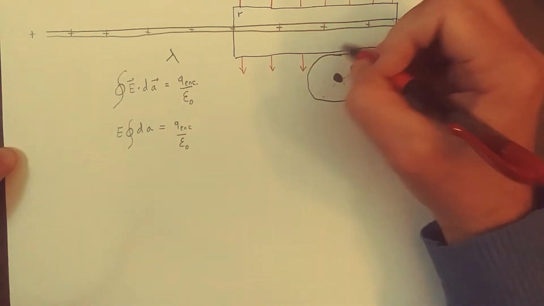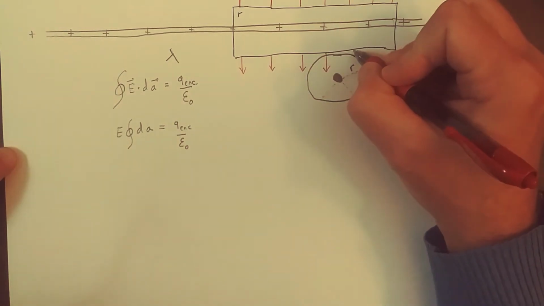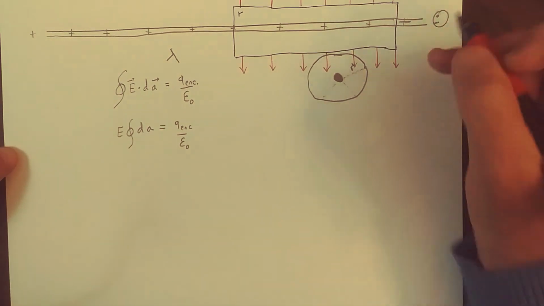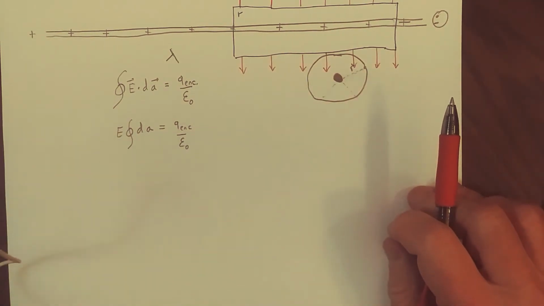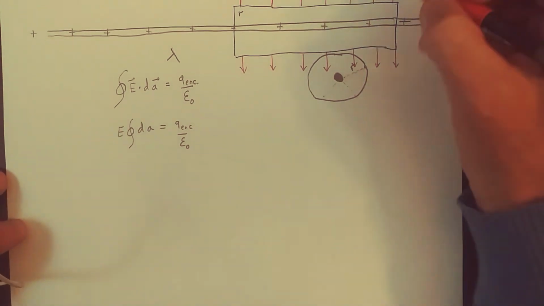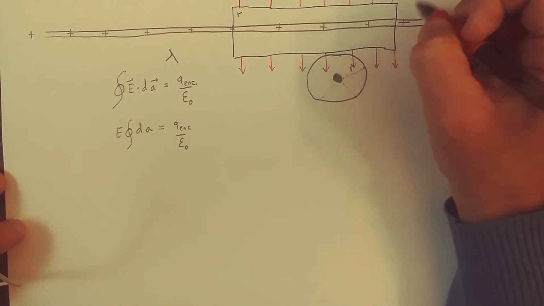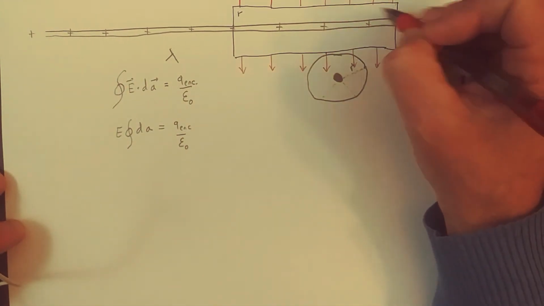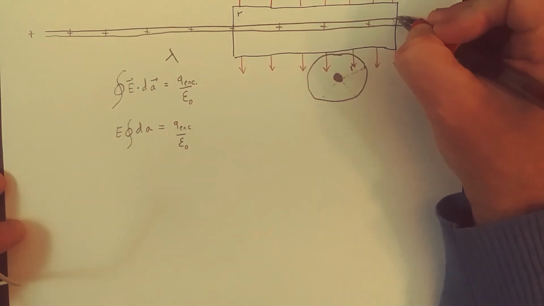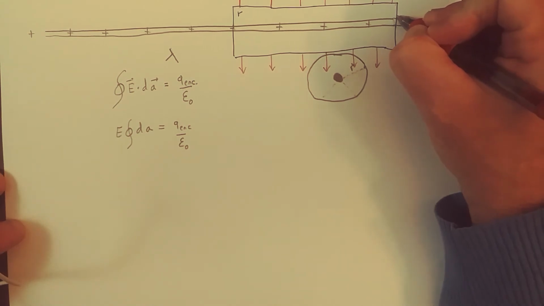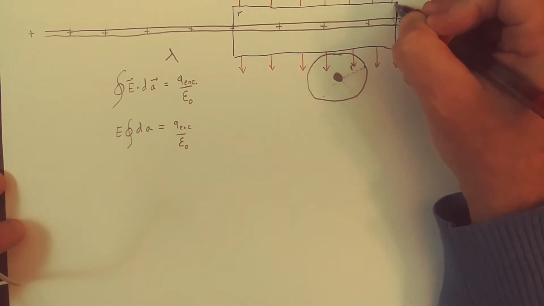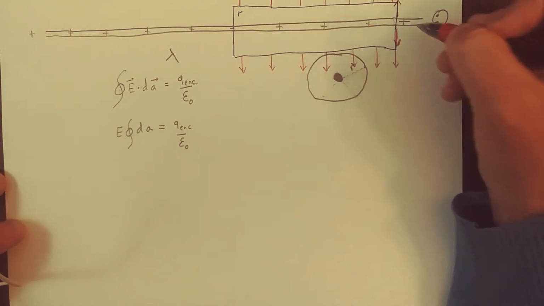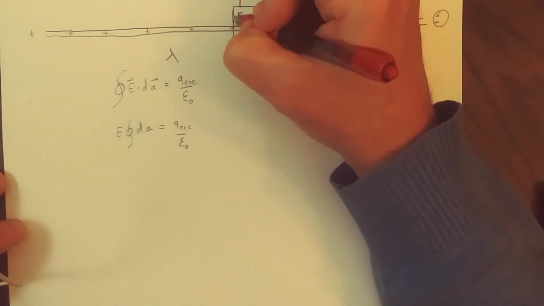So the electric field goes straight through the part that is cylindrical, but we don't have any contribution to this integral from the endpoints. We might assume that the electric field is stronger here, and pointing away down here, but it's not going through the surface there.